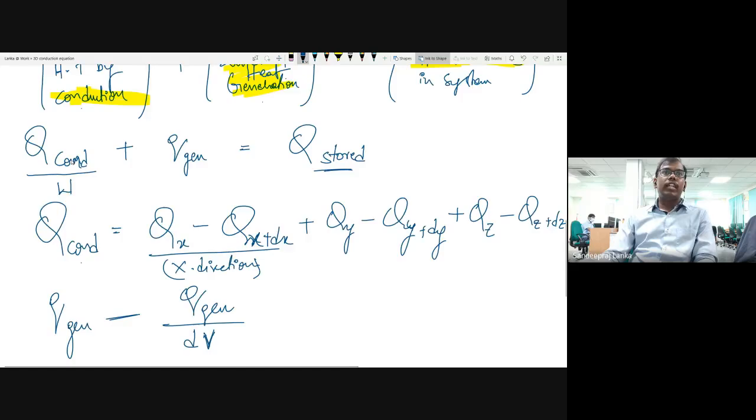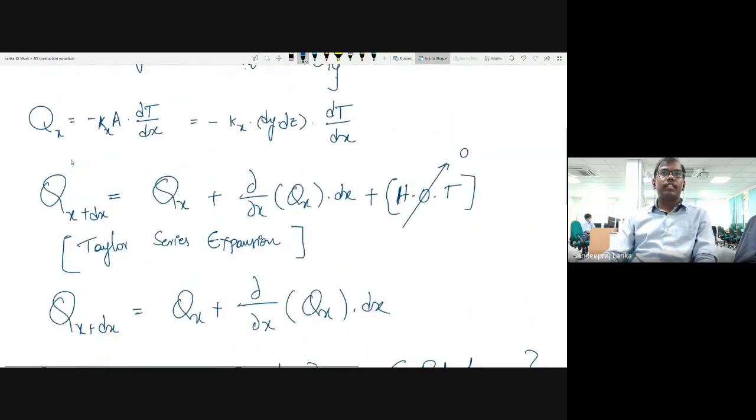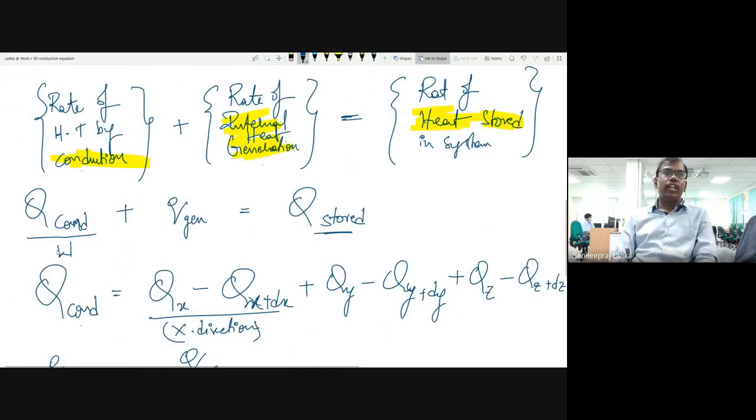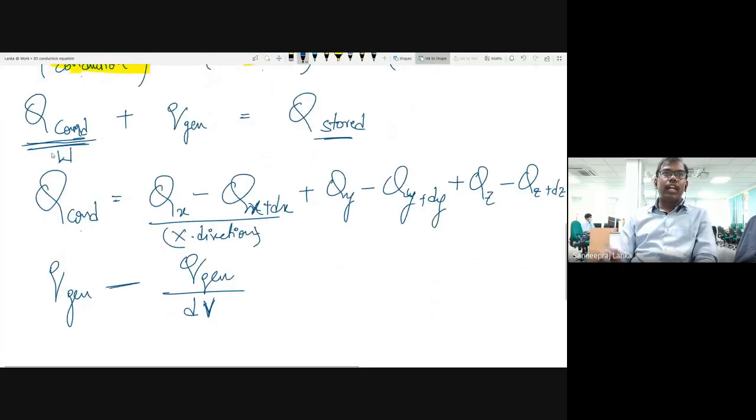In this equation, what is the unit of Qx? It is watts. So here also it will be in watts. When you are adding something to something, both should be in the same unit, like you should add a rupee with a rupee and a dollar with a dollar. You should not add a dollar with a rupee. You should not add two different units. Same way, here also, this is in watts.